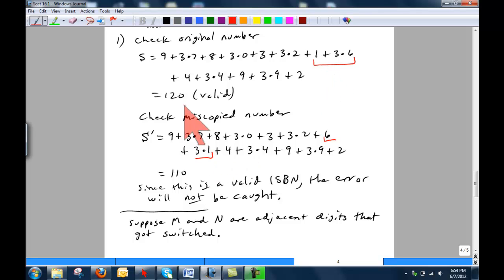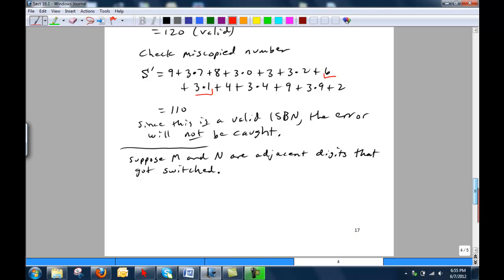So if you take a number that's divisible by 10 and you add 10 to it, that new number is also divisible by 10. And so the key is whether the numbers that were switched did so in a way that makes the sum S change by a multiple of 10. It's kind of unlucky that it did. These could have been different by some other quantity than a multiple of 10, and then we would have been able to catch the error.